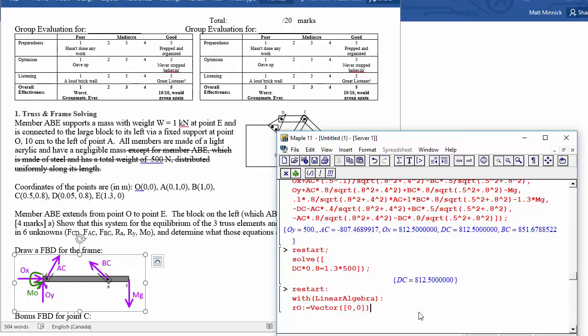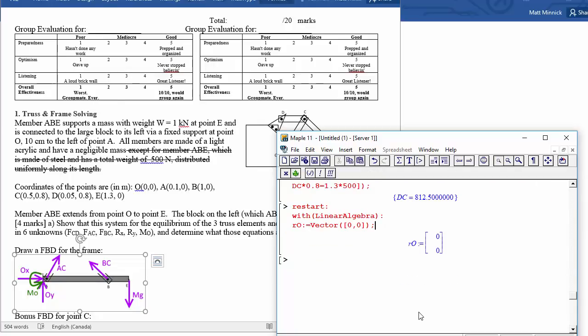You put it in just brackets, and then square brackets, and then round brackets, and there we go. We've got a vector. Cool. Let's add in more. RA is vector 0, 1, and there's that. We'll suppress that output.